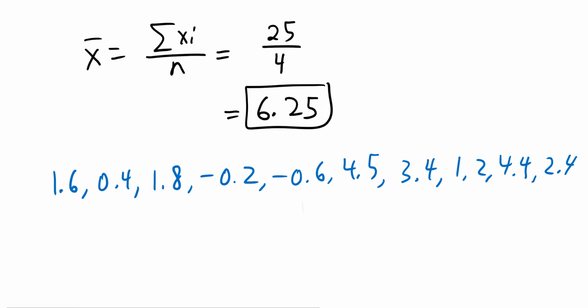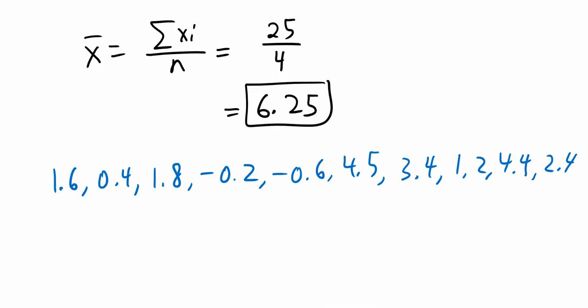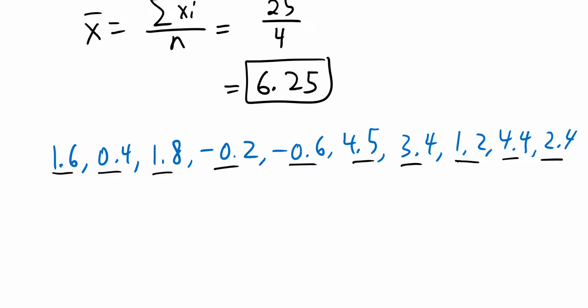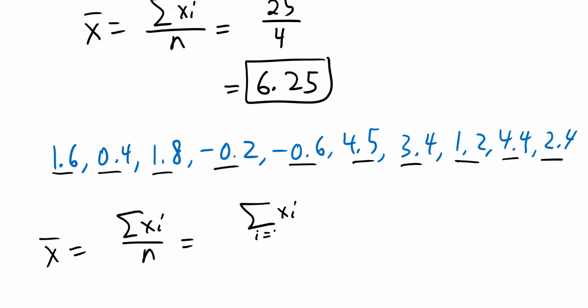Now, to find the median, you just arrange them in ascending order, and the middle one would be the median. Here we are interested in finding the mean. So how many values? 1, 2, 3, 4, 5, 6, 7, 8, 9, 10. 10 of them. So the mean would be the sum of xi, i goes from 1 to 10, over 10.